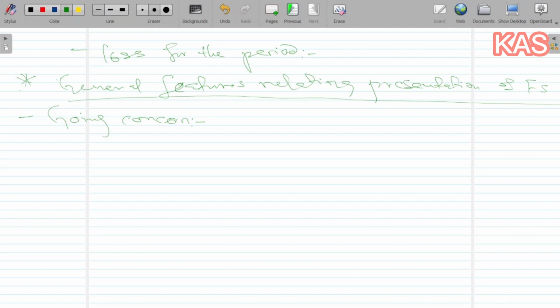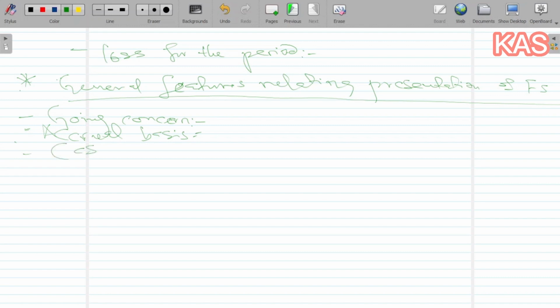The next thing we have is accrual basis. So what is this accrual basis? This accrual basis states that financial transactions and events should be recognized or reported in the accounting period when they actually occur.